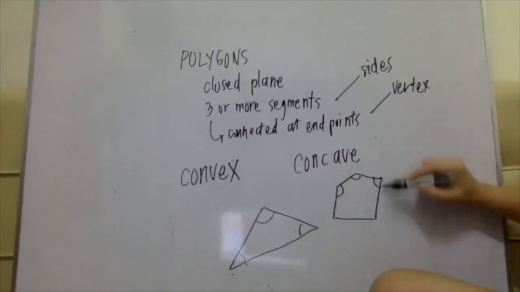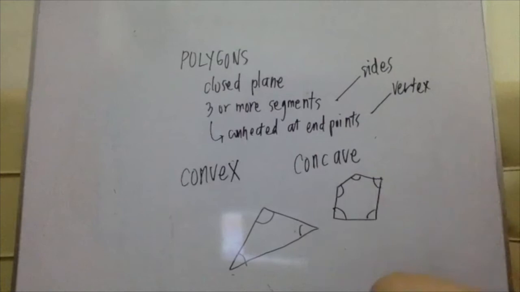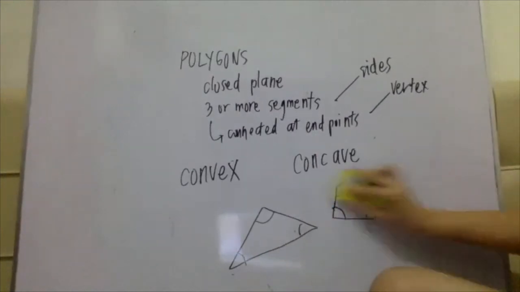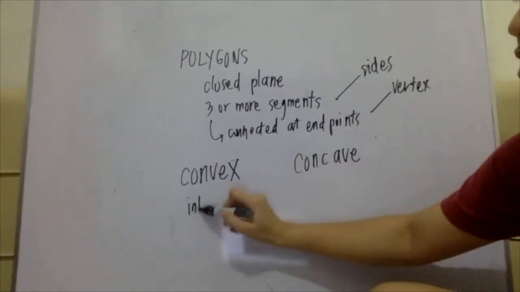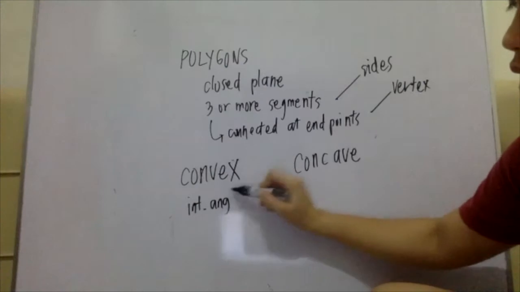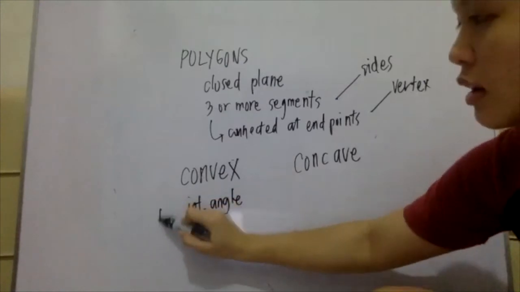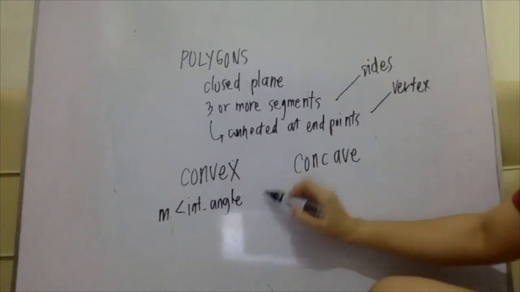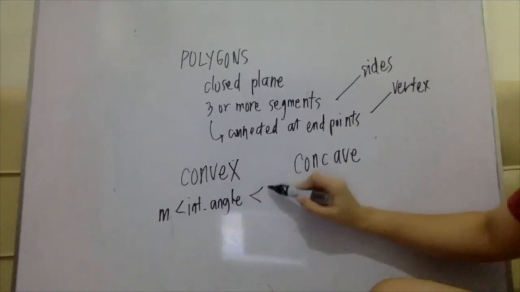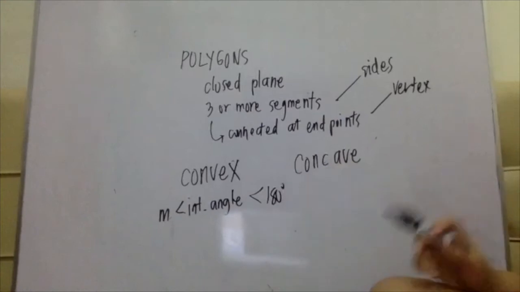Ito yung mga interior angles niya. Okay? So, by definition, pag sinabi mong convex, lahat ng interior angles, measure of interior angles is always less than 180 degrees.